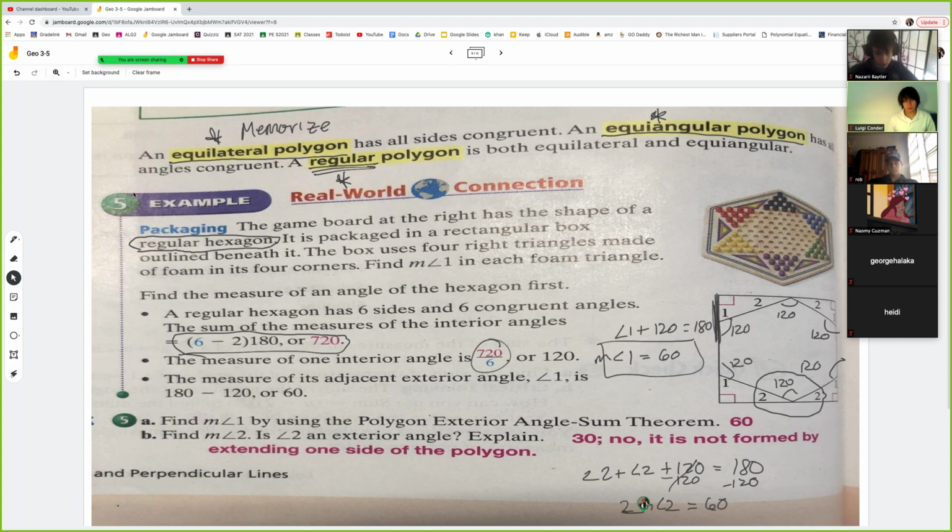Divide both by 2, and you get the measure of angle 2 equals 30. Again, that was a little more complicated, but you could know that simply by saying this is 90 degrees, this is 60 degrees, 90 plus 60 is 150, so angle 2, the remainder, must be 30.